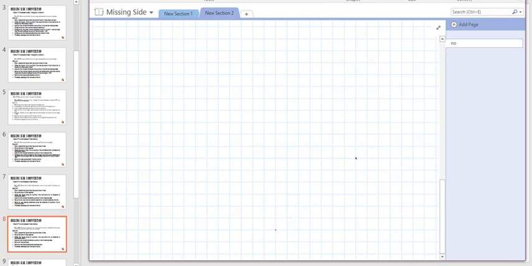So this point 1, let's say this is point 2, point 3, then this is point 4, then point 5, and point 6.